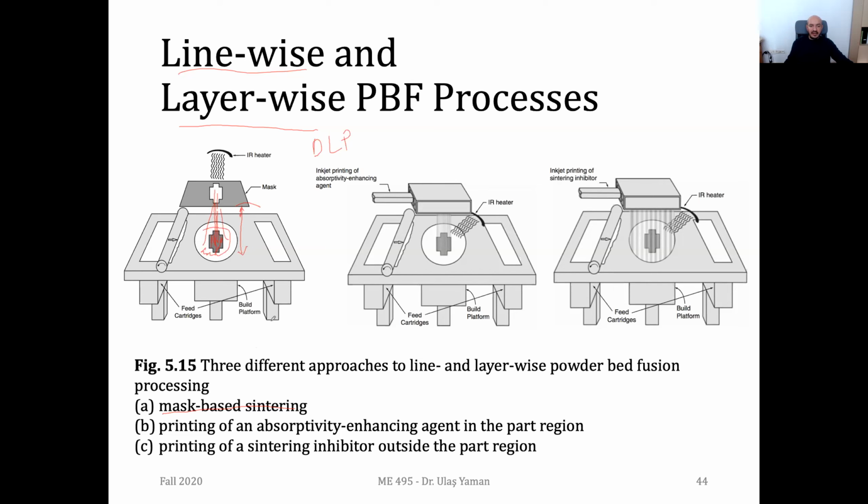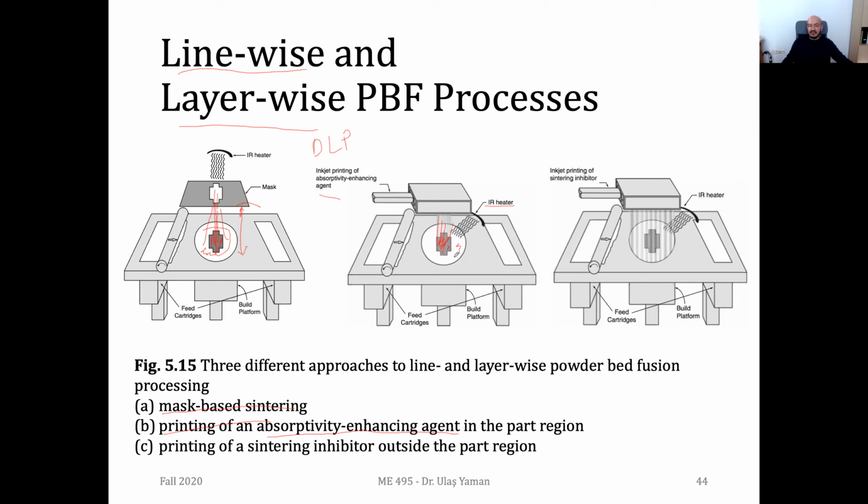Now let's have a look at the second one. This is printing an absorptive enhancing agent. So we are printing the absorptive enhancing agent in the part region. This is the inkjet, a kind of head. It's moving and spreading some absorptive enhancing agent. With the help of it, what happens? Since we are heating with IR heating, the regions which have such special agents will be sintered.